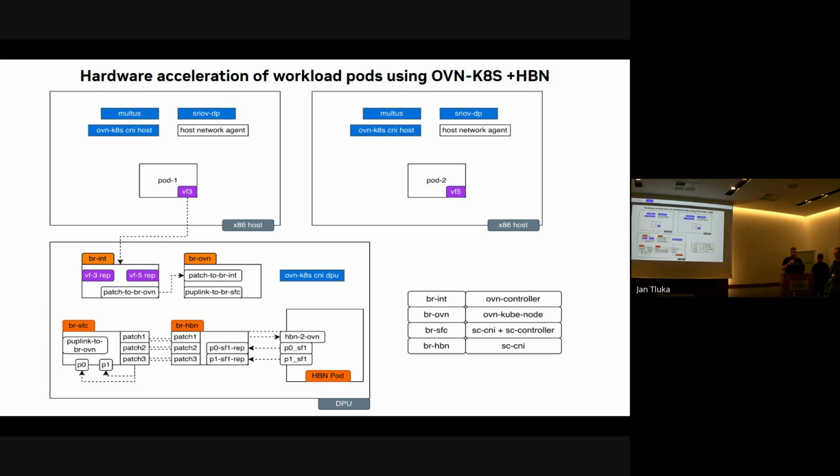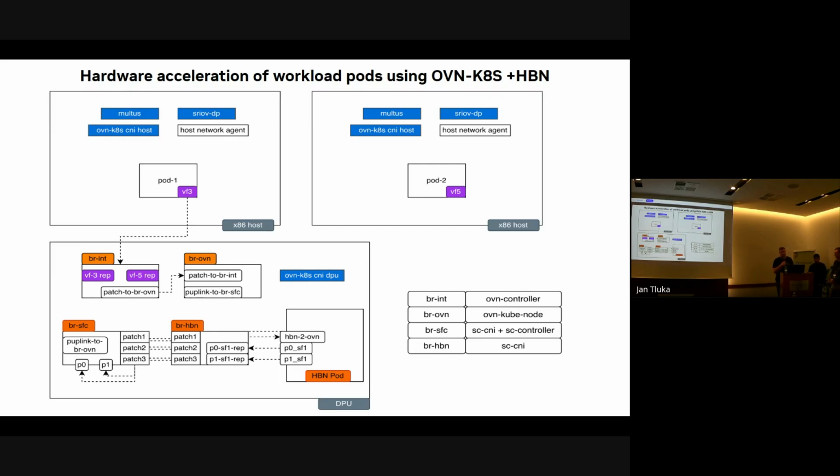And on the host side, we have the same things: Multus, SR-IOV device plugin, OVN Kubernetes CNI host mode. And on the DPU side, we have the integration bridge, BR-OVN, BRSFC, and BR-HBN. We actually have here four OpenFlow controllers because HBN is a service that listens on netlink events, and based on the netlink events, we'll add OpenFlow flows on the HBN bridge.